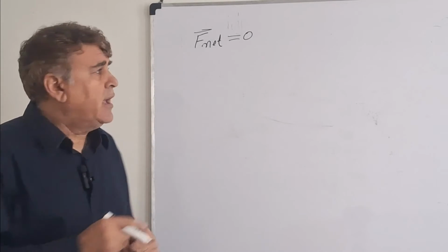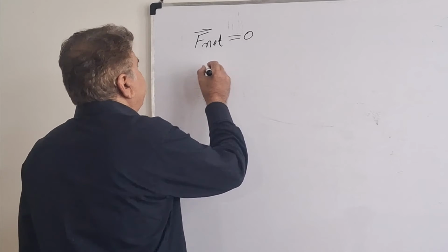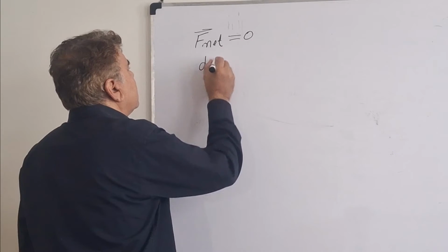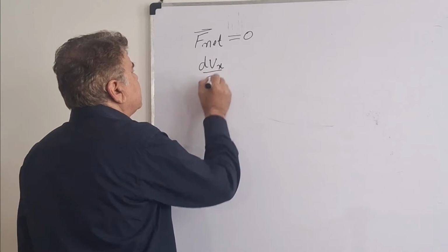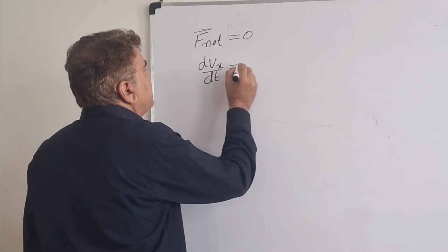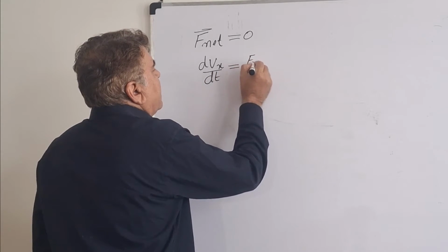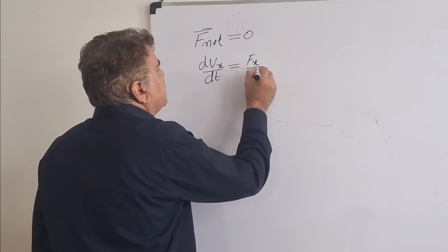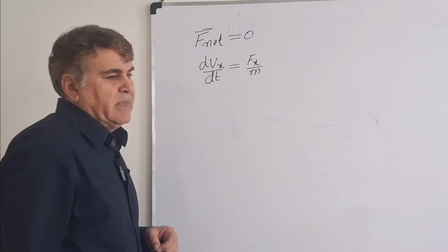To begin with, I consider the differential form dv_x over dt equals F_x divided by m.